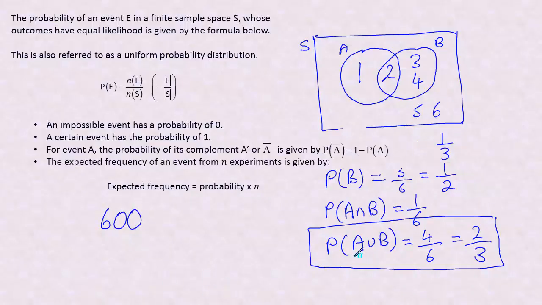If we want the expectation, or the number of times that we would expect A union B to occur, we just multiply by the probability of A union B. So that would give us 400 times that we would expect it to occur.